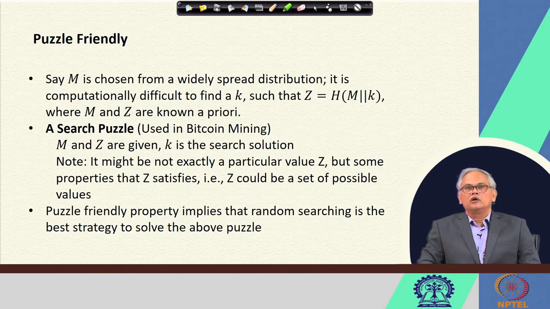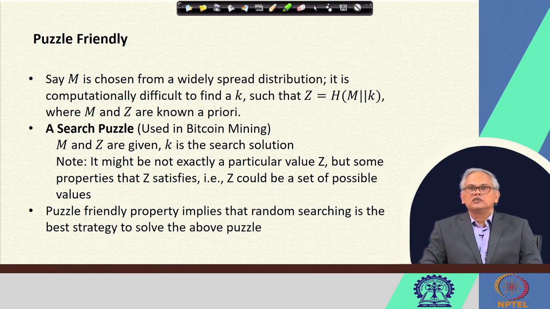Now, the property of puzzle friendliness. If m is chosen from a widely spread distribution, it is computationally difficult to find a k such that z is equal to H of m concatenated with k, where m and z are known a priori. That means your message is m, now determine k, that is the solution to the puzzle, so that the hash of m concatenated with k will generate z.